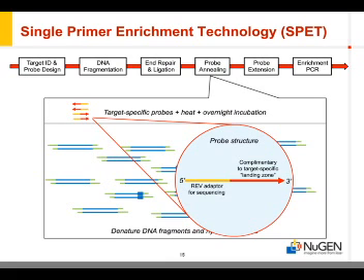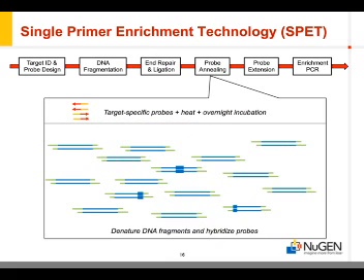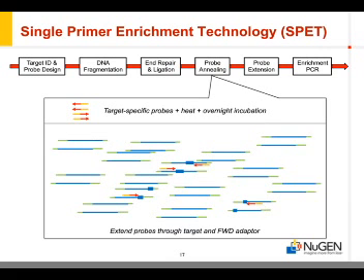And now what we're going to be doing is adding these sequence-specific probes to the mixture and hybridizing them to these denatured molecules. After the overnight hybridization takes place, we can see that the probes themselves have annealed in a sequence-specific manner only to the probe landing zones.